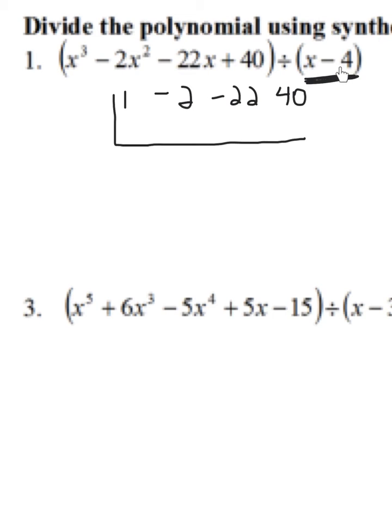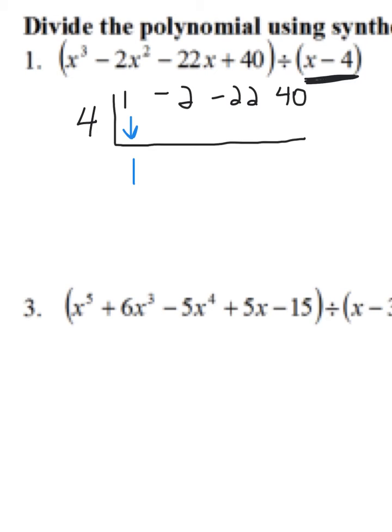So this is -4, so I'm going to put the number 4 right here. And that's the number I'm going to use for this algorithm. All right, so the first step is just to bring the first number straight down. And now we're going to start our algorithm.